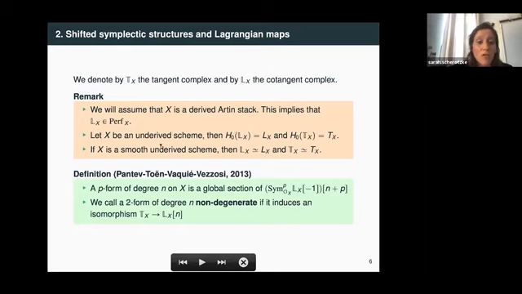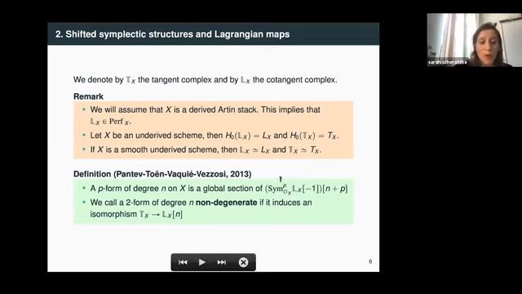If X is a smooth and underived scheme, then it is known that the cotangent complex has its cohomology concentrated in degree 0, which means that it's isomorphic to the cotangent sheaf, and the same is true for the tangent complex. So we haven't really gained any more information for smooth underived schemes.